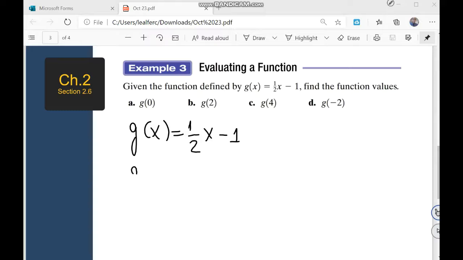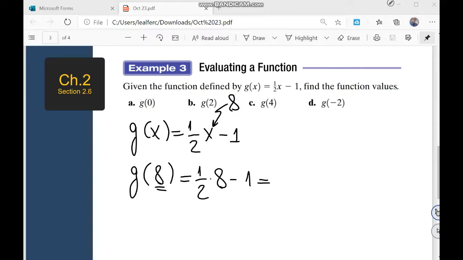So I'm going to write down here g of 8. And 8 is going to be the input, x equals 8. I'm going to plug in x equals 8: 1/2 times 8 minus 1. 1/2 of 8 is 4, minus 1 equals 3. So the output is 3. For x equals 8, g of 8 equals 3.